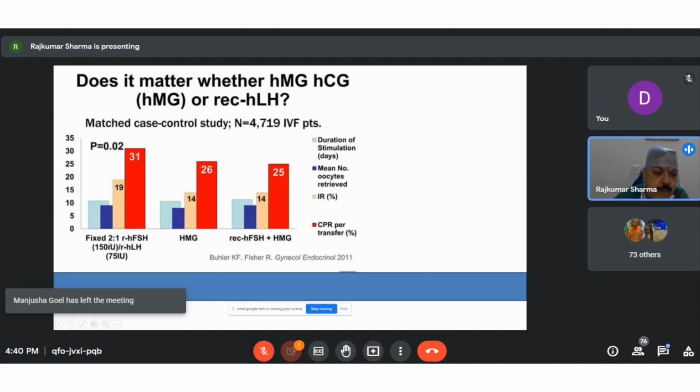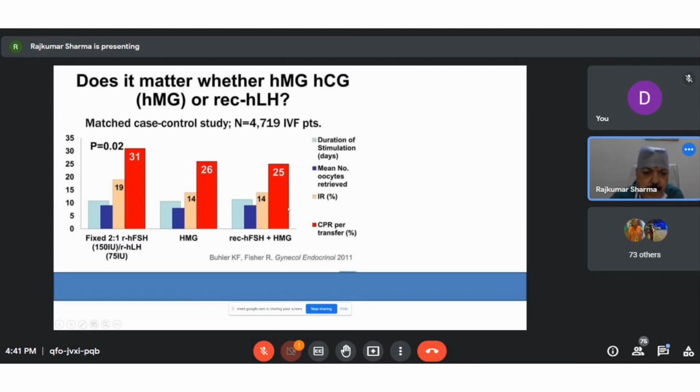When you give a fixed dose of recombinant FSH and LH, you find that though the duration and the mean number of oocytes are the same in all three groups, the implantation rate is much higher when you give recombinant LH in comparison to patients given only HMG or FSH plus HMG later on.